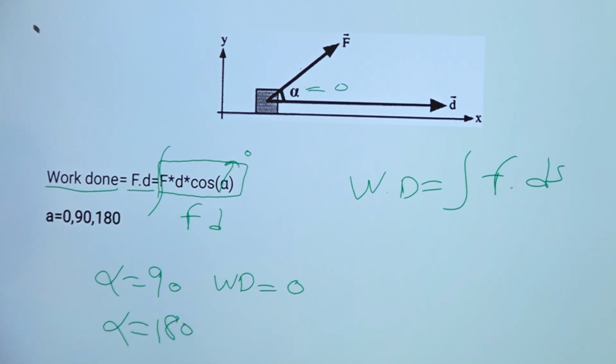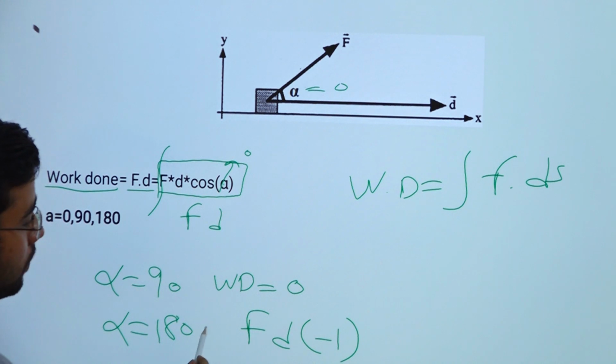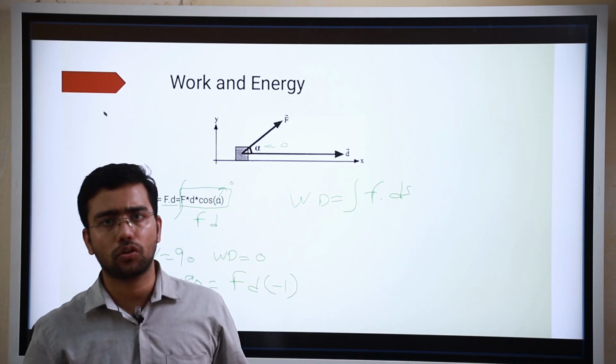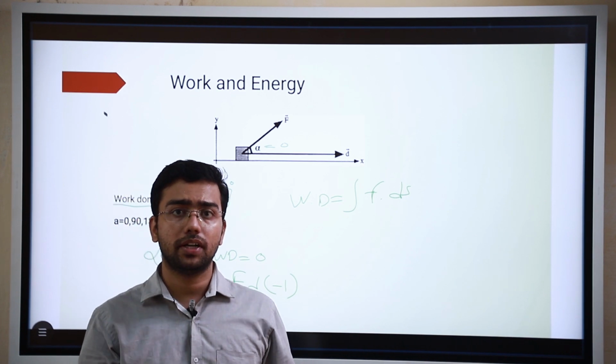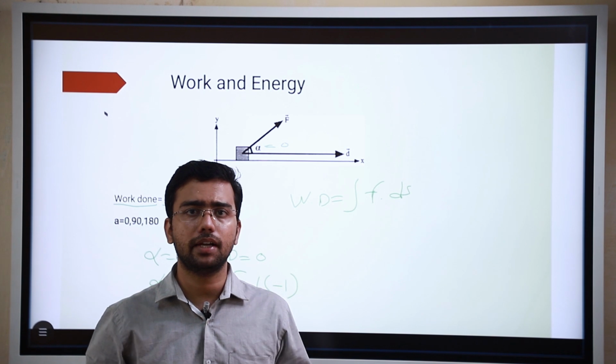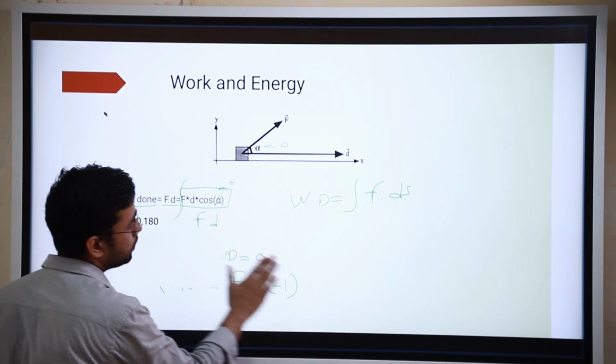Suppose alpha is equal to 180, in that case what you are going to find? Cos 180 is equal to minus 1, fd into minus 1, right? So it will be negative work. So what is the meaning of negative work? So the body itself is not doing work, the work is being done upon the body from outside. So then we will get negative work done, right? Okay, then let us move.